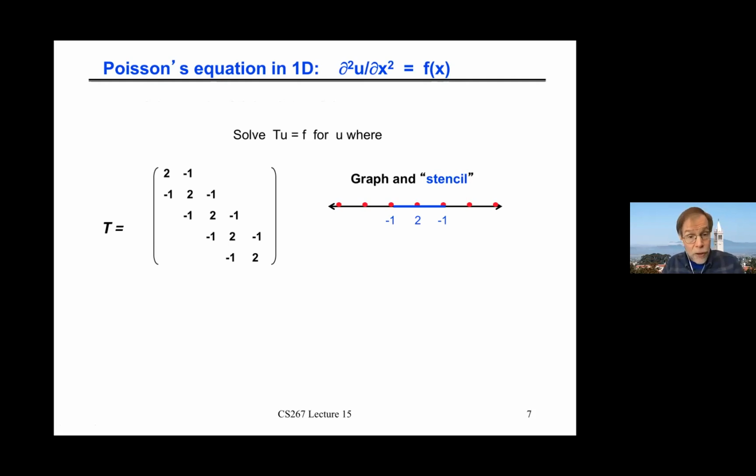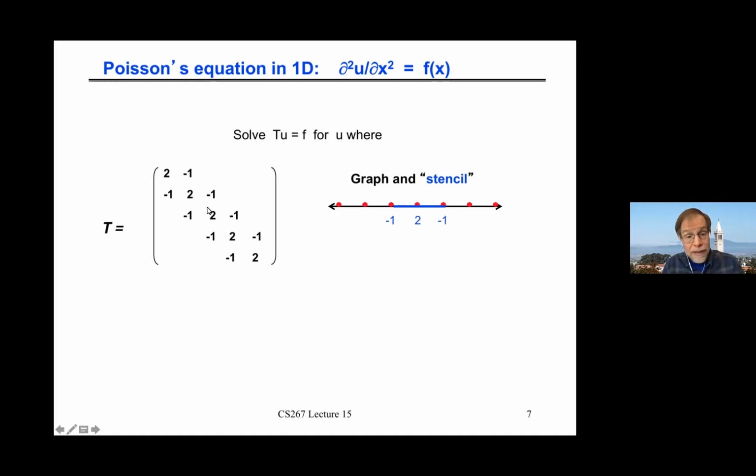And I'm going to show you the one-dimensional version of it, which is very, very simple, and the two-dimensional one where I'll spend most of the time. And so I want to solve Tu = f, where T is a simple tridiagonal matrix which is constant along the diagonals. And so you can think of this as an operation on a regular mesh or a structured grid represented by these red dots.